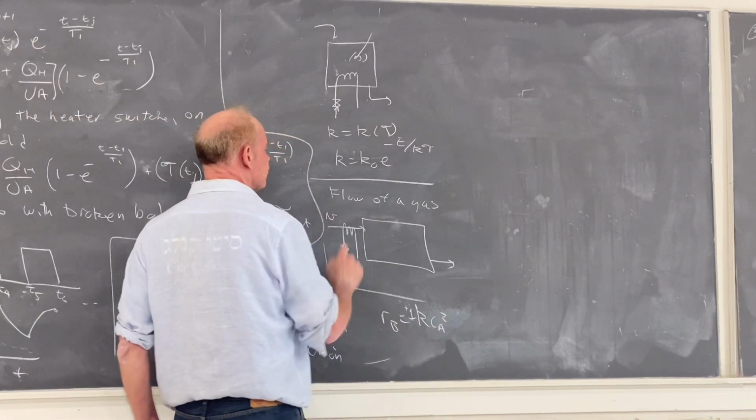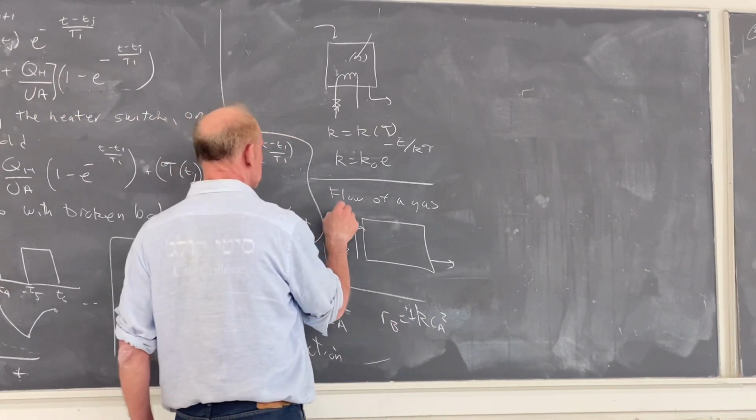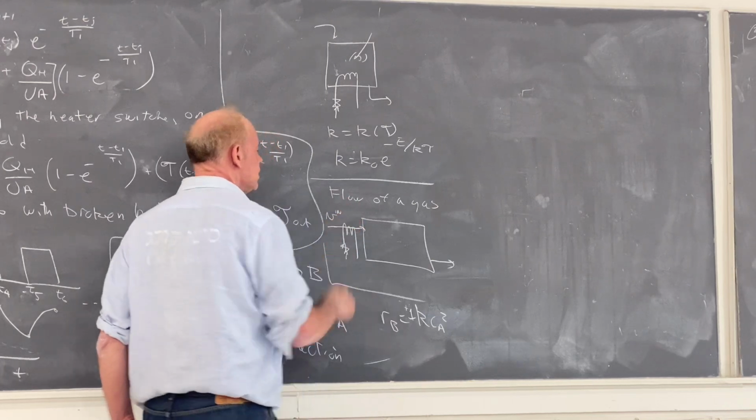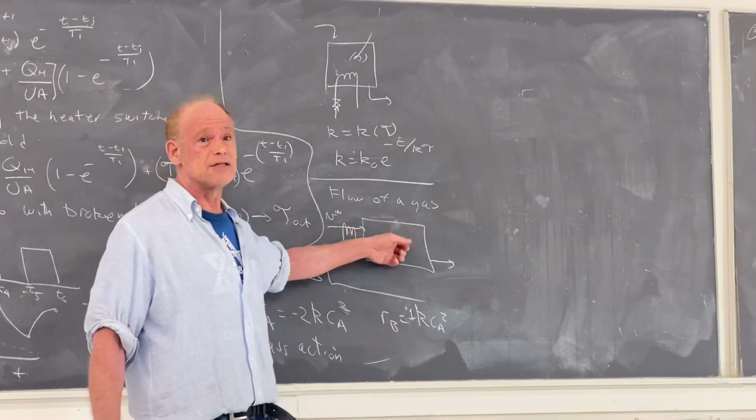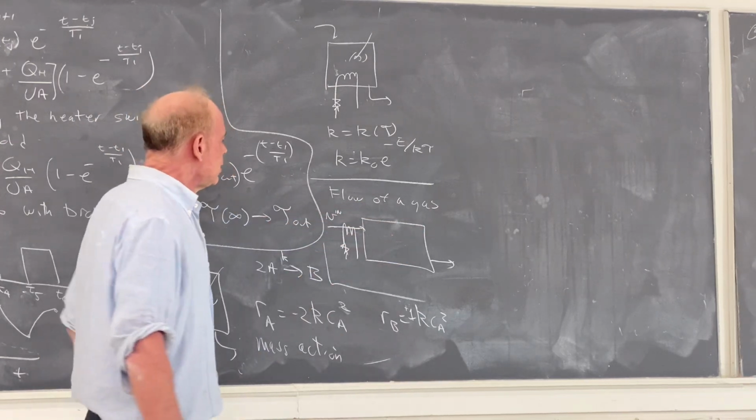So I have a volumetric flow rate here, V in, and I wanted to do some sort of heat balance on what's going on in here.